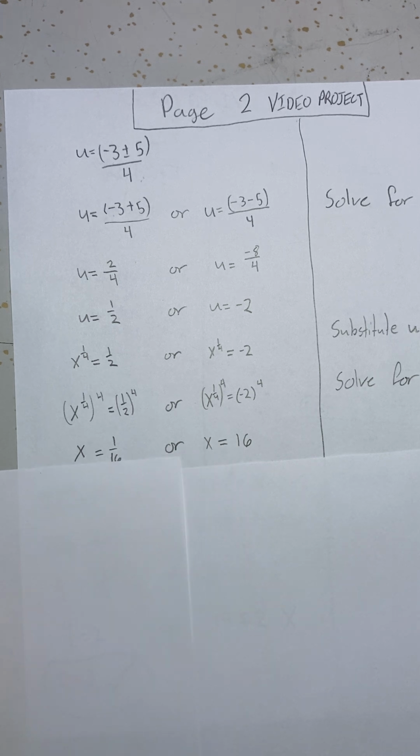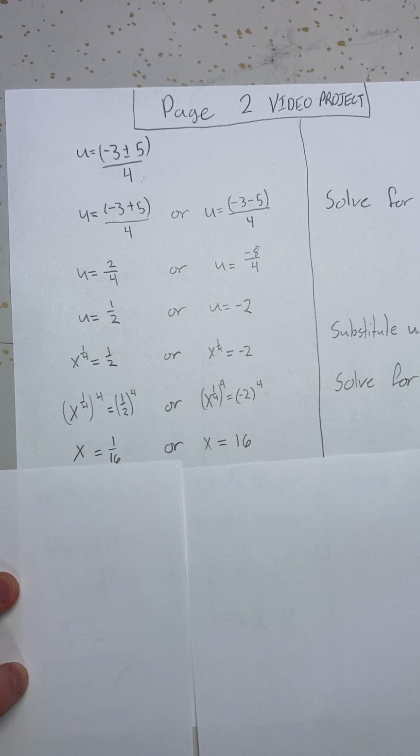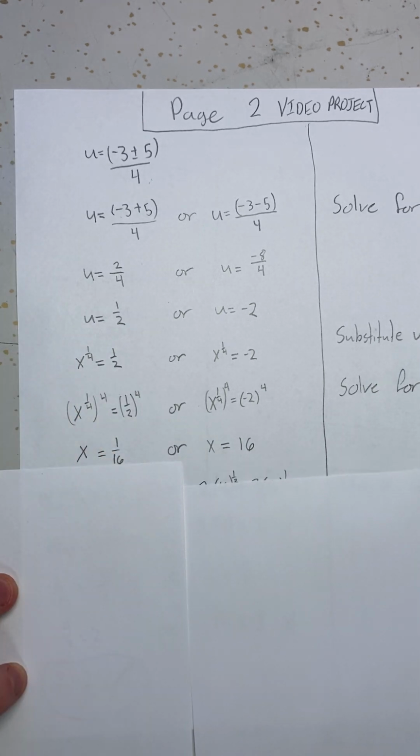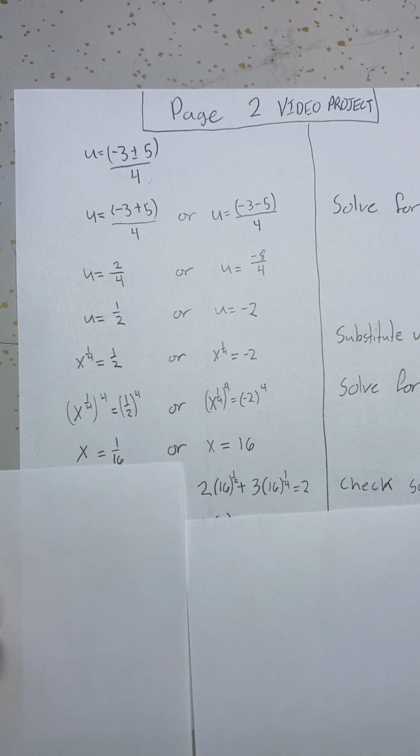Now moving back up to the top, we're going to substitute 16 into our original equation. So now it reads 2 times 16 to the 1/2 power plus 3 times 16 to the 1/4 power, and we're trying to see if that equals 2. 16 to the 1/2 power is 4, and 16 to the 1/4 power is 2, so that's 2 times 4 plus 3 times 2.